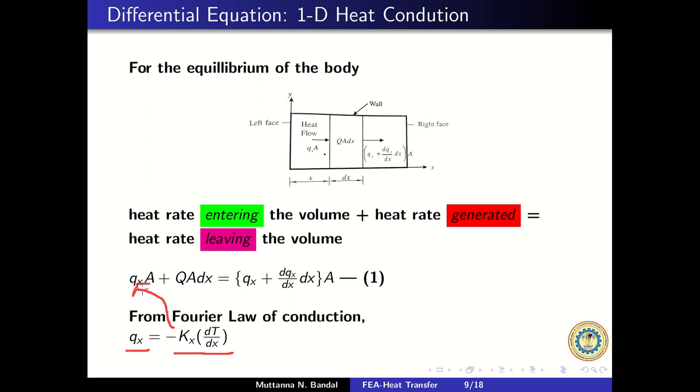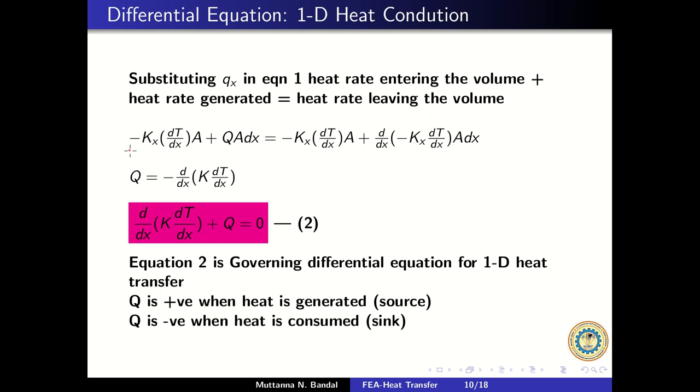Wherever Qx is there, replace it with this equation. So I will substitute here, here and here. It is shown in the next slide: this was a Qx term, A as it is, Q̇ · A · dx as it is, this is Qx again, and there was a Qx term here.